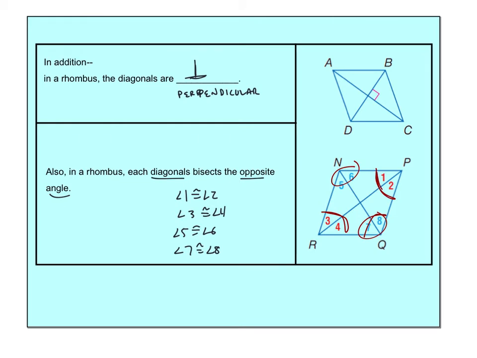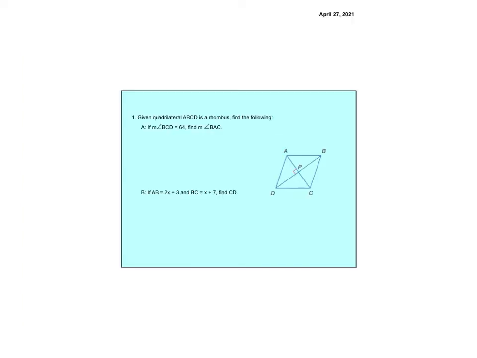So in reality, 1, 2, 3, and 4 are all going to be equal, and 5, 6, 7, and 8 are also going to be equal to each other. Keep that in mind.